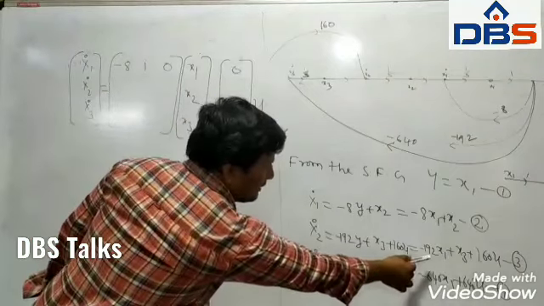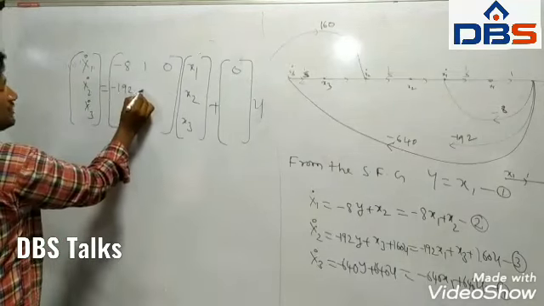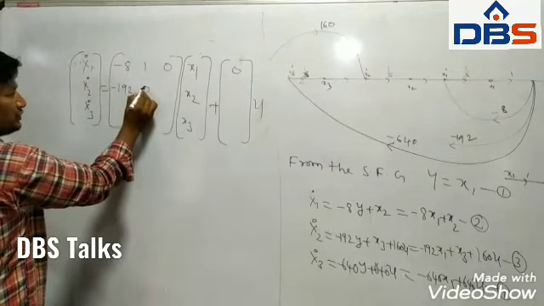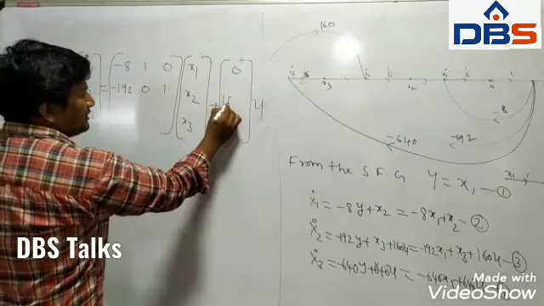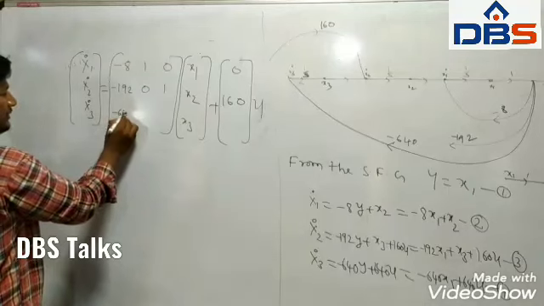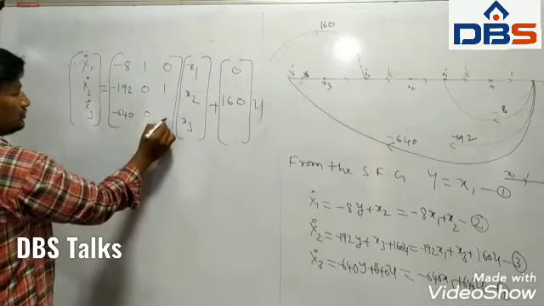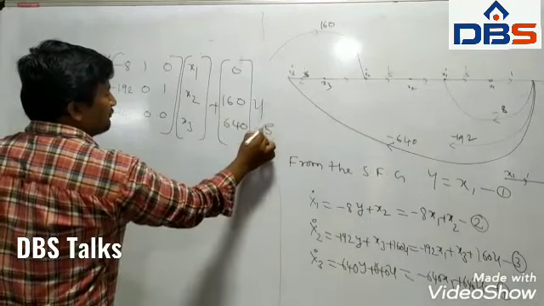From equation 3, minus 192x1 plus x3, minus 192, there is no x2 term, that's why 0, the x3 term is there, 1, and the u term is there, that is 160. And the last one, minus 640, 0, 0, 640u. So this is equation 5.